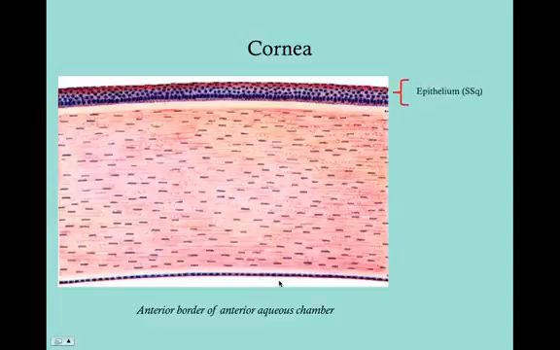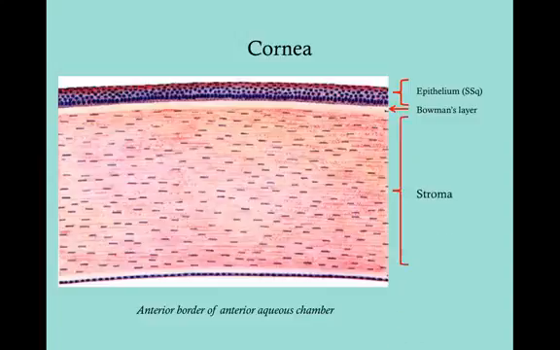These 5 layers are the epithelium, and this epithelium is the outer layer, and this provides your initial layer of protection. We have a stratified squamous epithelium here. This is the outer layer, and you have squamous cells at the most outer portion of the epithelium, and that transitions into a more columnar shape. Beneath the epithelium, you have Bowman's layer, which is a tough protective layer and also serves as basement membrane for the epithelium.